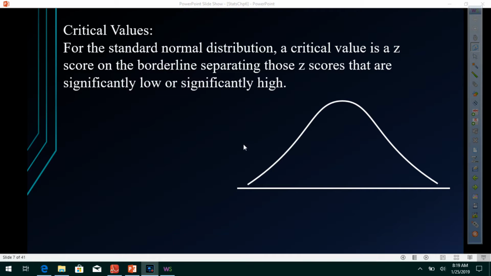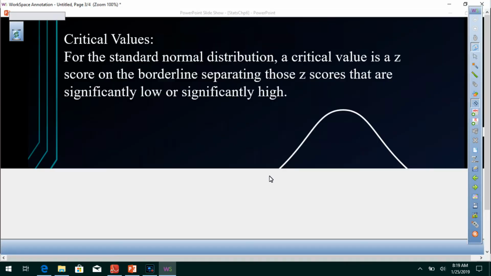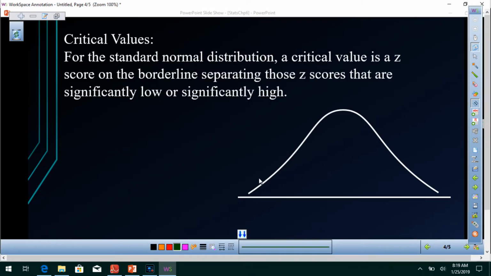Critical values. For the standard normal distribution, a critical value is a z-score on the borderline separating those z-scores that are significantly low or significantly high. We generally find them over here in the tail somewhere.